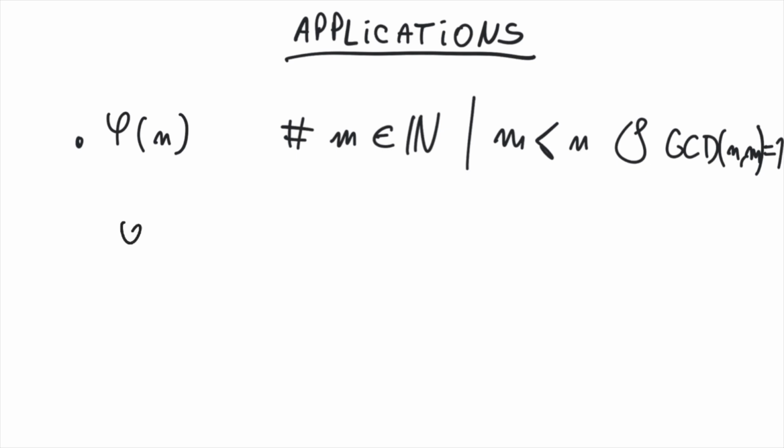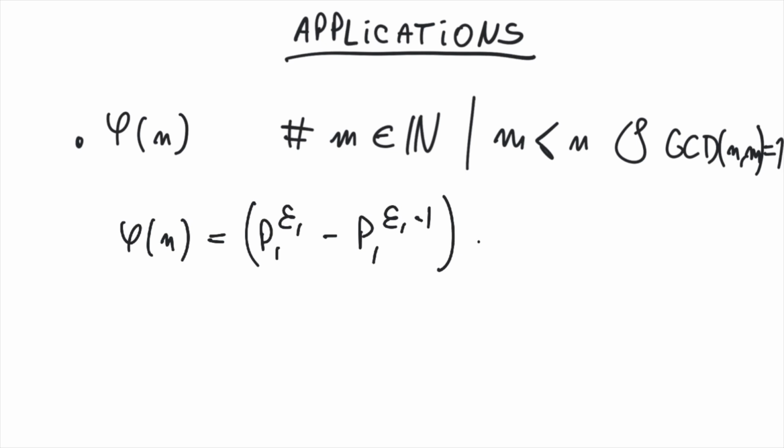So the formula for Euler's function is p1, let's say the first prime in our factorization, to the exponent e1 that it appears with in the factorization, minus p1 to the exponent e1 minus 1, and you repeat this for each of the primes that appear in the factorization.